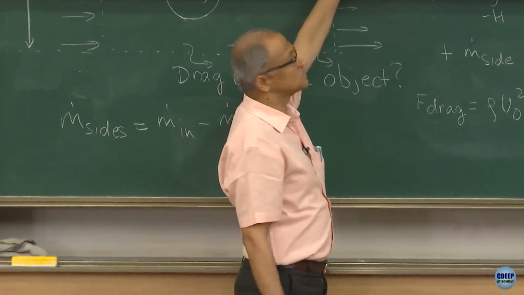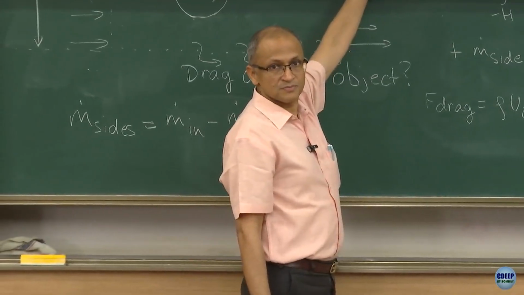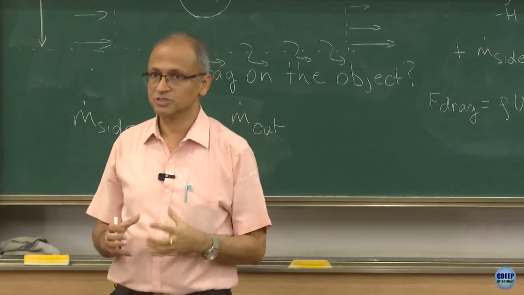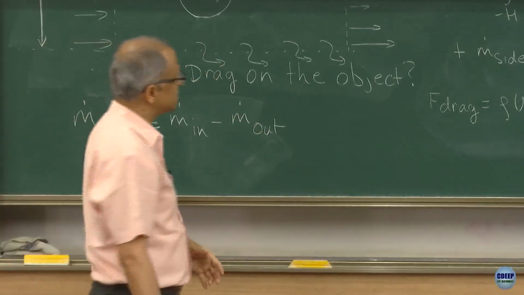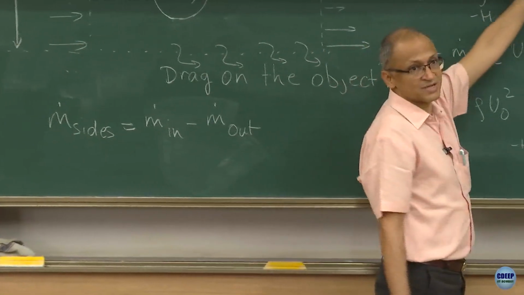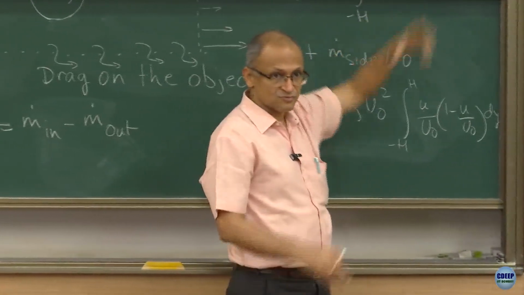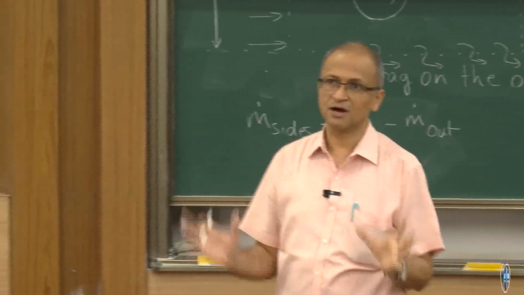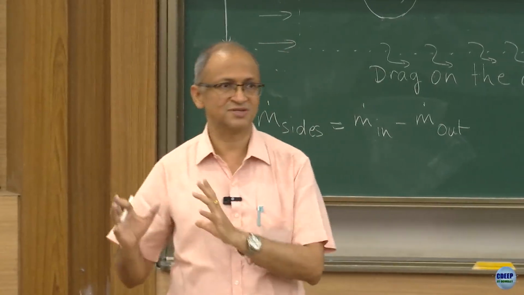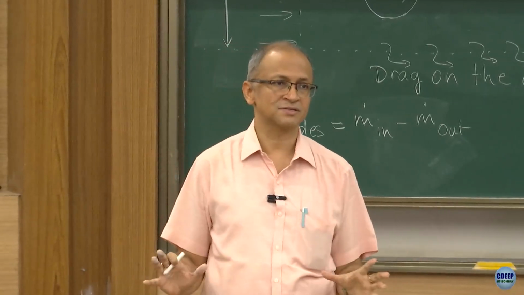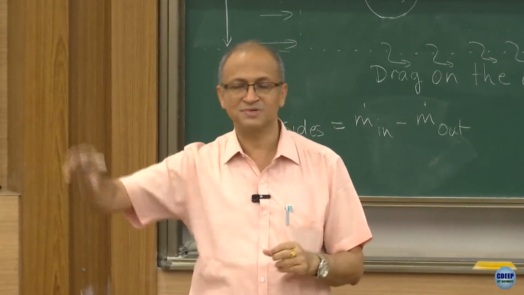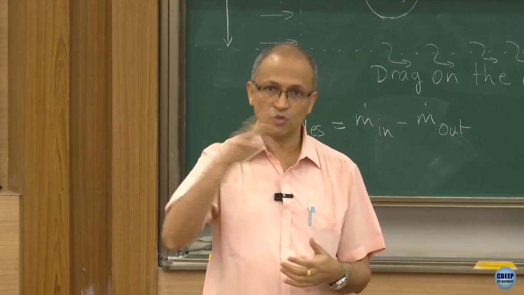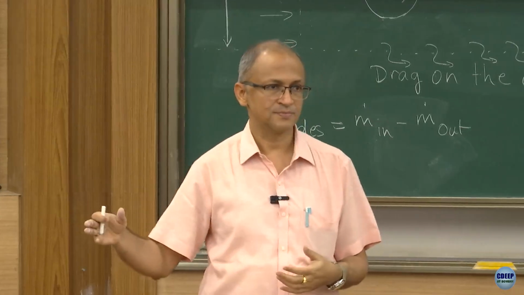This term will start appearing now, and the masses leaving on the two sides will also become a function of time. So everything becomes a function of time, but if you compute everything correctly, you will get exactly the same thing back. But here, the drag force itself is a function of time. So the drag force will also turn out to be a function of time.